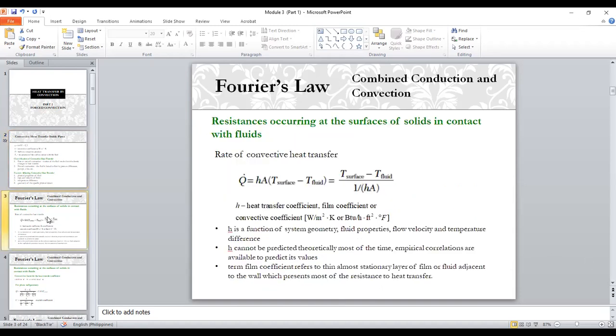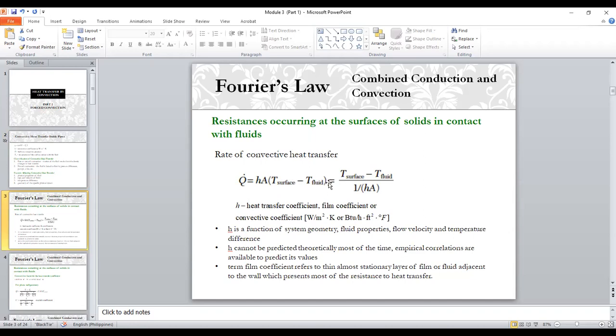Now let me go to the next slide. Resistance is occurring at the surface of the solids in contact with fluid. So this is our formula, with T of the surface and T of the fluid. If you look at the formula this way, it's not clear what is the driving force and what is the resistance.